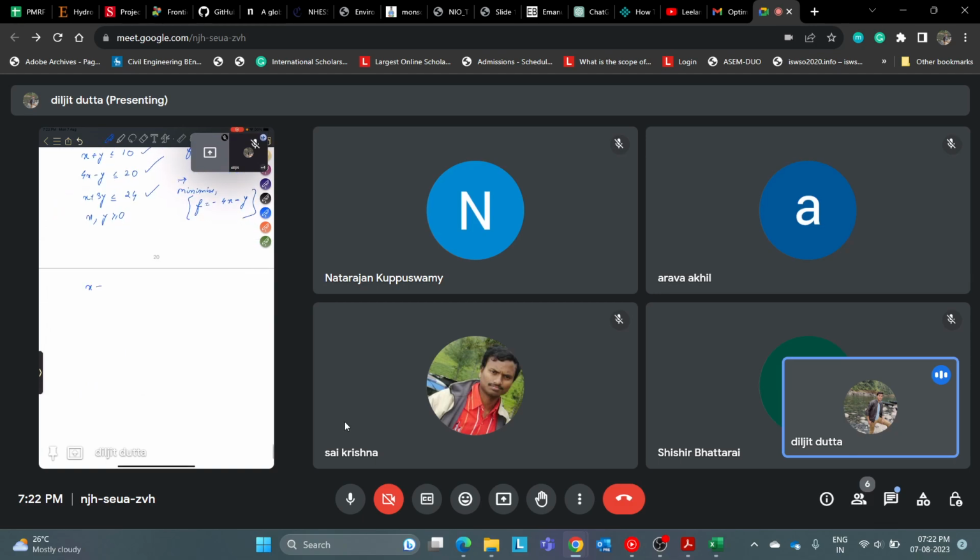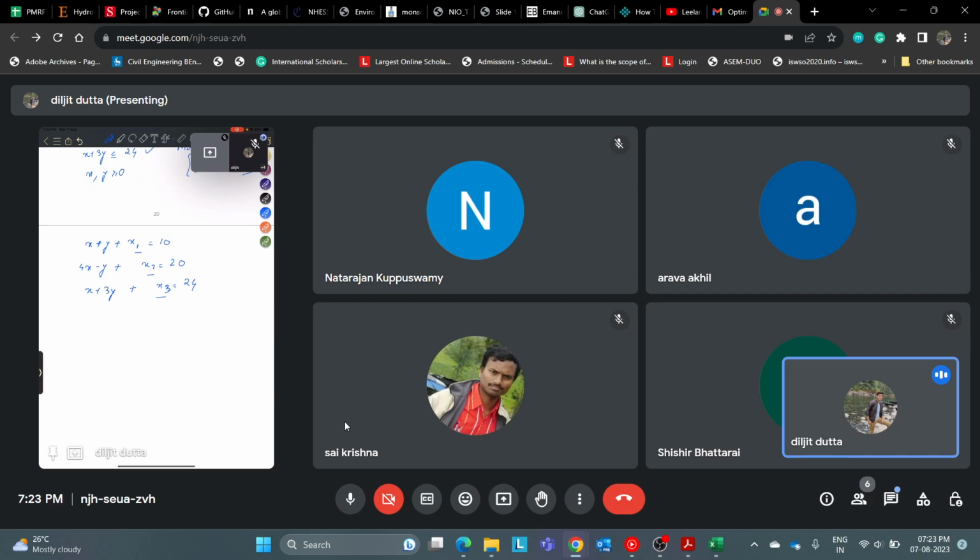Initially we will write the constraints again: x plus y plus x1 is equal to 10, 4x minus y plus x2 is equal to 20, x plus 3y plus x3 is equal to 24. So we have the three equations now, with x1, x2 and x3.